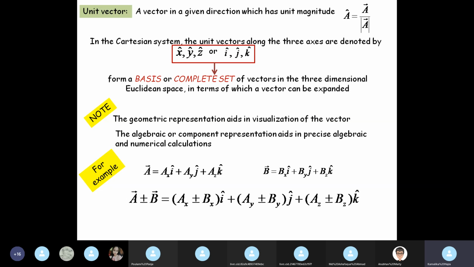Even if you are asked to add 100 vectors in Cartesian component form, you can do that in a jiffy, because all you need to do is add algebraically the coefficients of i, j and k. This is much more convenient. So whereas the geometric representation helps in visualizing the vector, the component representation helps in calculation. This is why I was emphasizing how vectors are represented in the two ways.